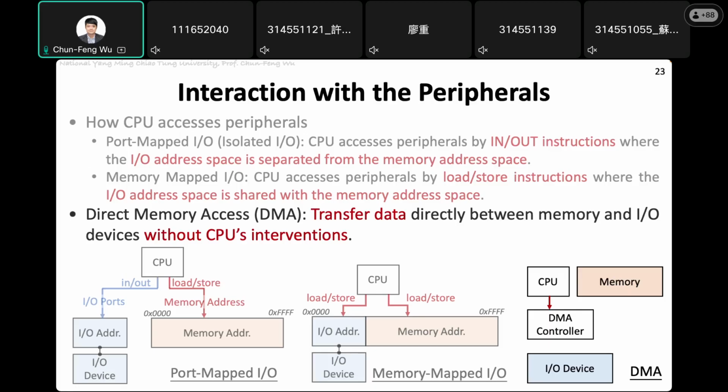And DMA comes in. DMA is a kind of controller. You can think of DMA as a microcontroller, a very tiny CPU. The CPU tells the DMA, hey, please help me move this region to that region.